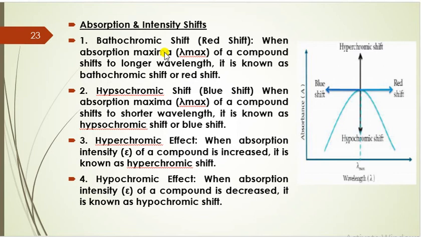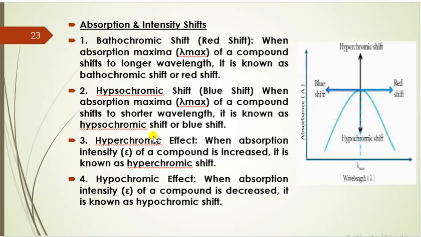If you take the example of aniline, the absorption maxima is at 280 nanometer, but if the conjugation is removed, then the absorption maxima may reduce from 280 nanometer to 210 nanometer. This kind of shift is possible by removal of conjugation or by changing the polarity of the solvent.